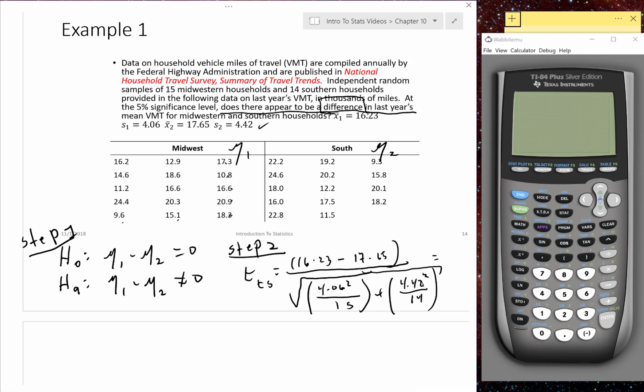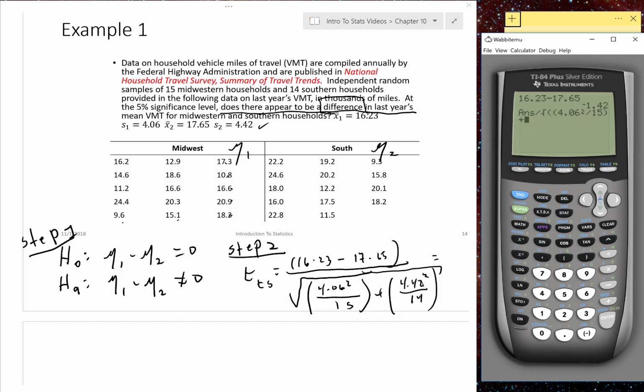So again, performing the computation here, we get 16.23 minus 17.65, press enter. Then divided by the square root. And again, open bracket, 4.06 squared, divided by 15.